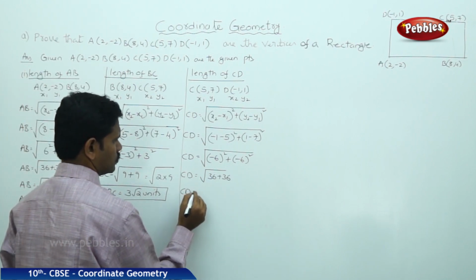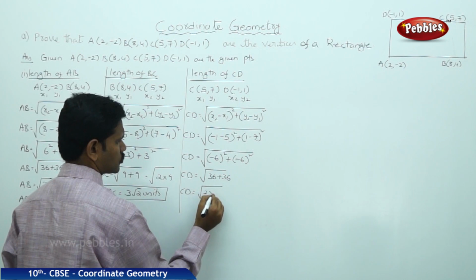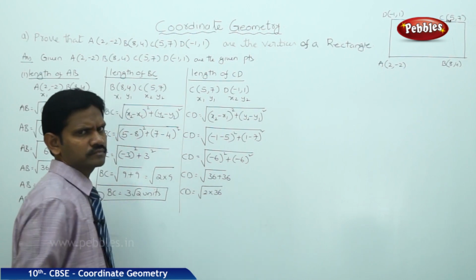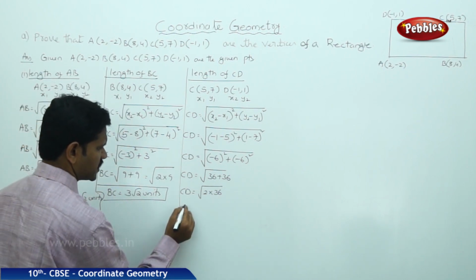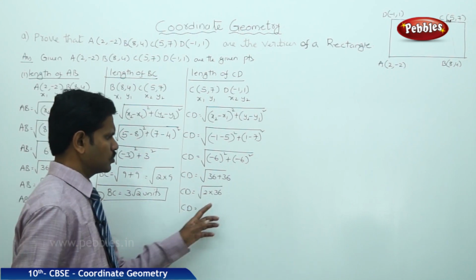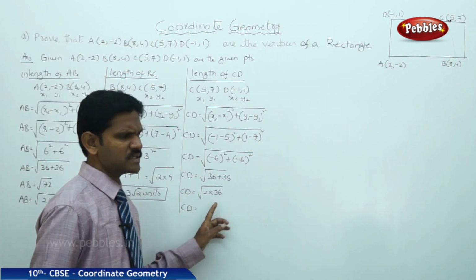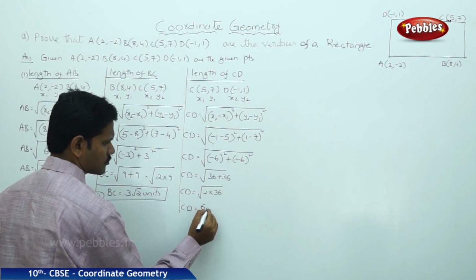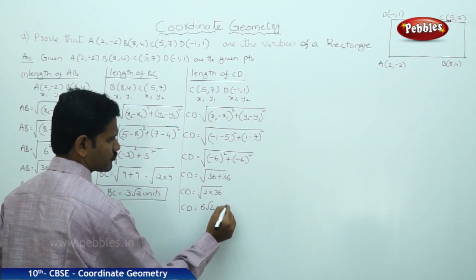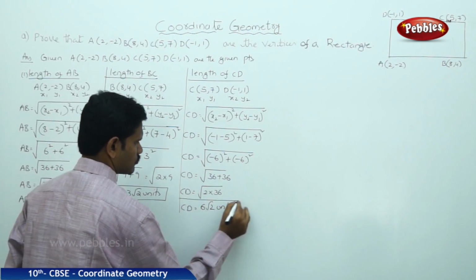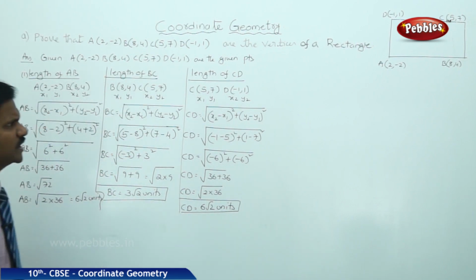CD is equal to root over 2 into 36. That is CD is equal to 6 root 2 units. Now CD value is completed.